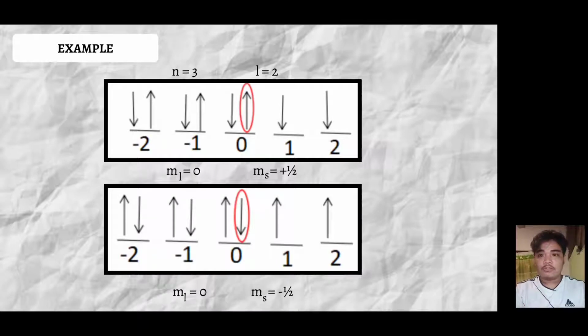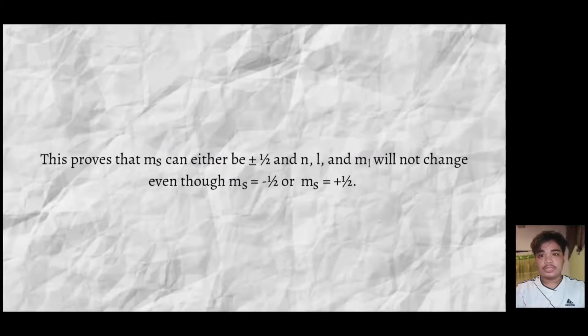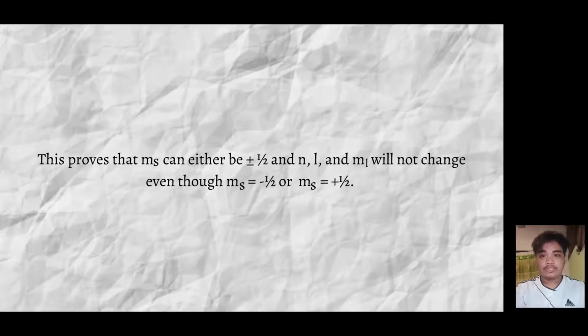So I first draw 5 upspin electrons, then added 3 downward or downspin electrons, which resulted in downspin being the last electron, which means having its value as negative 1/2, but the value of m sub l still remains 0, and n and l do not change, which proves that m sub s can either be positive or negative 1/2, and n, l, and m sub l will not change even though m sub s is a positive one half or a negative one half.